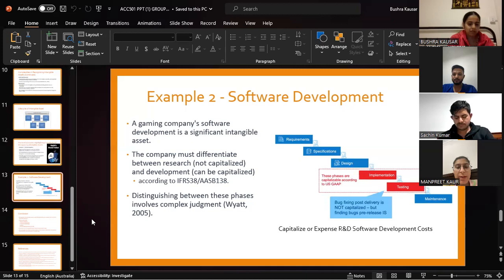Research costs are expensed as incurred, while development costs can be capitalized once technological feasibility is demonstrated and it is probable that future economic benefits will flow to the company.